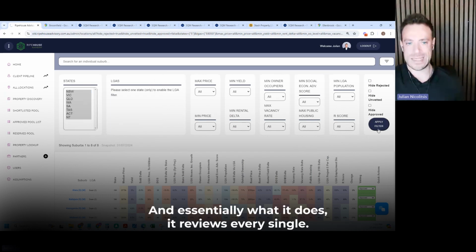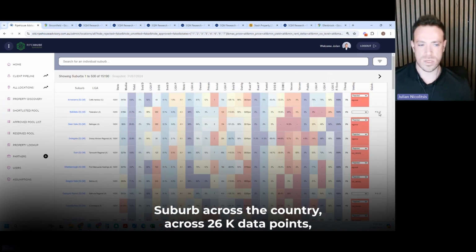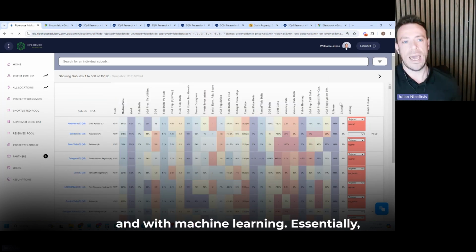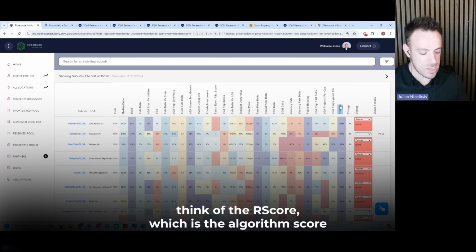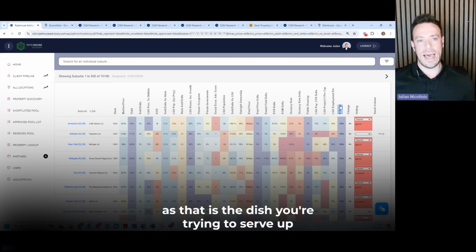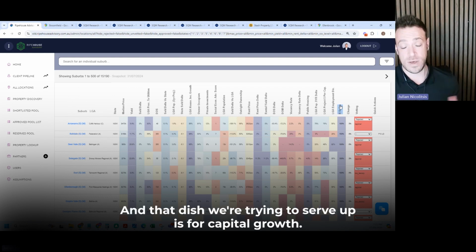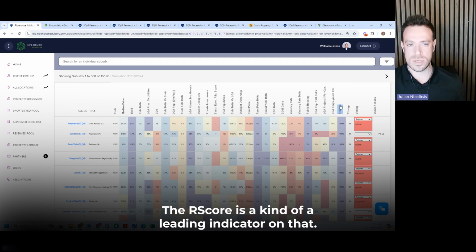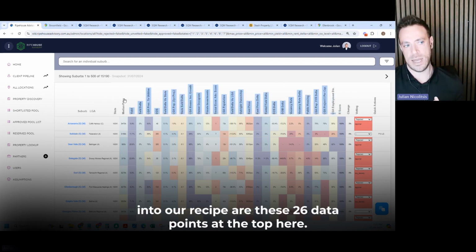Essentially it reviews every single suburb across the country, across 26 key data points, and with machine learning, think of the R score, which is the algorithm score, as the dish you are trying to serve up, and that dish is capital growth. The R score is a leading indicator on that. And the 26 ingredients that go into our recipe are these 26 data points at the top here.